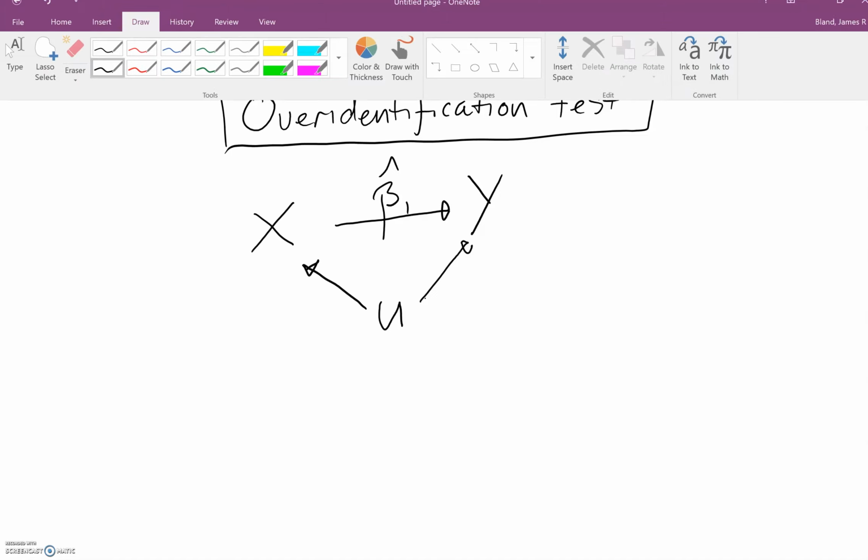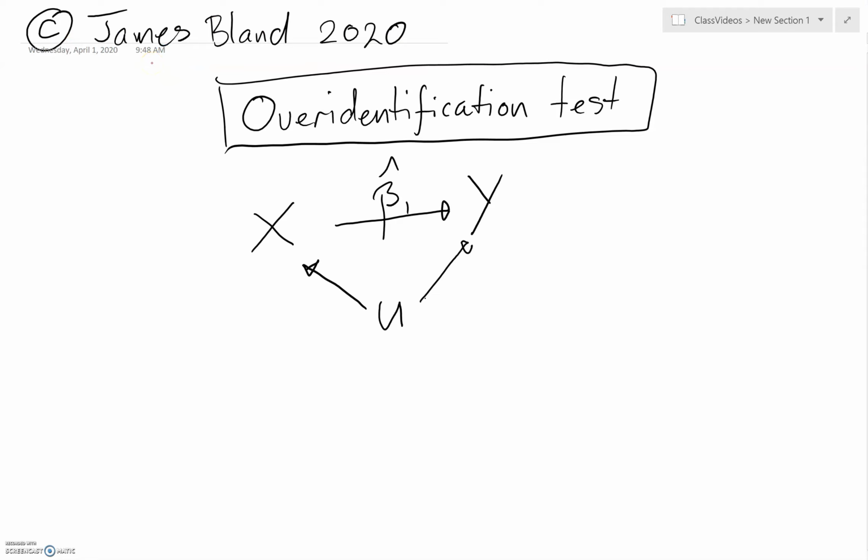So fortunately, what we have in our hypothetical data set at this point is an instrument that affects X, but is not correlated with the error term. Okay, but the thing with this is that you might also have a second instrument.